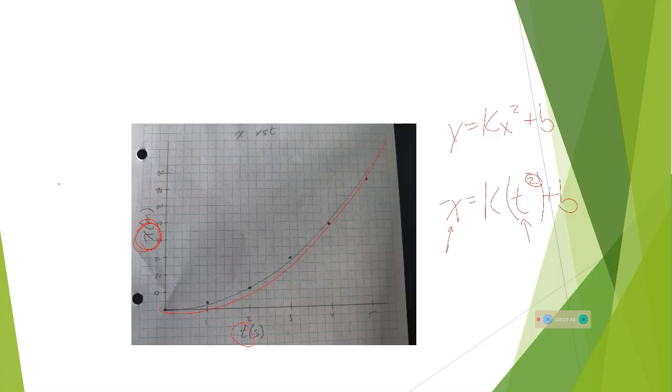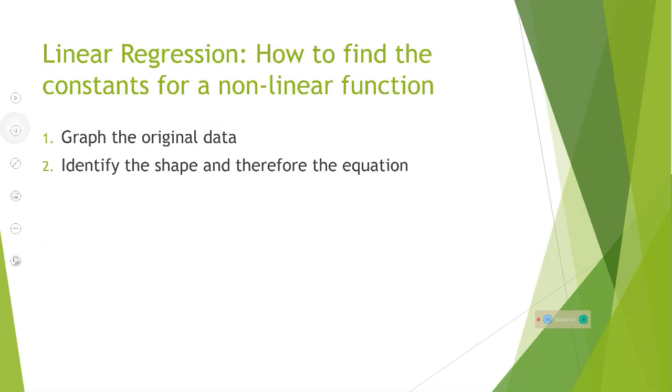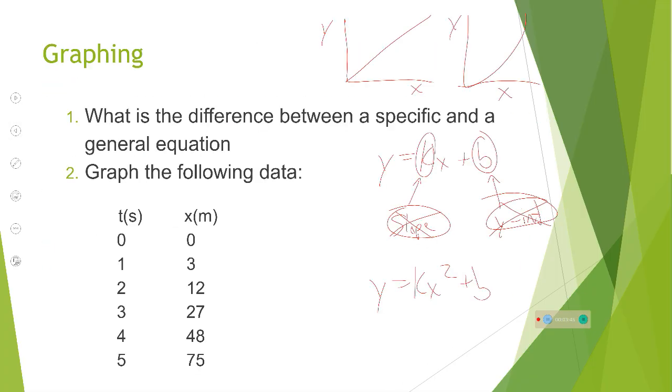But everything inside t squared is to the first power. So if x is to the first, t squared is to the first, and if we look on our next page here, it should make a straight line. Notice what changes is t squared. If you go back to our original set of data, all the way over here, you might say, where the heck is t squared? Well, obviously it's not here.